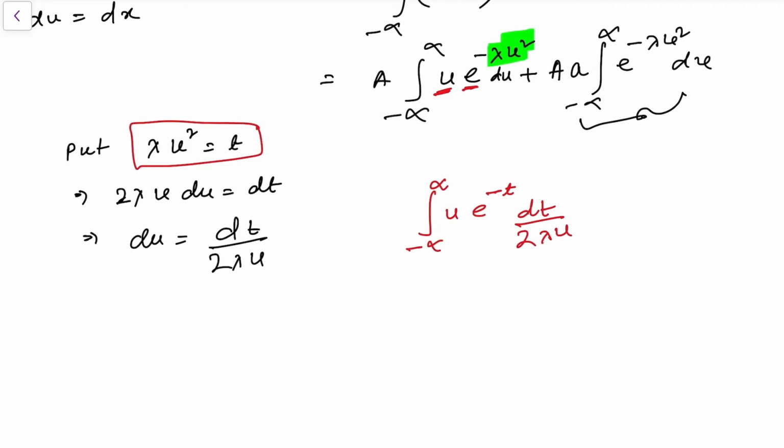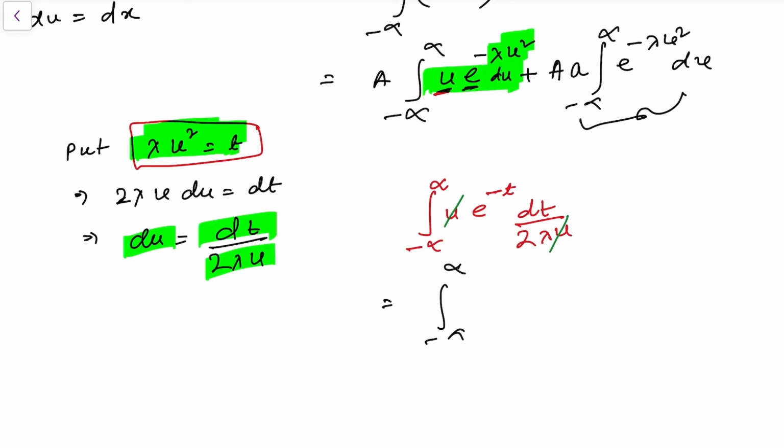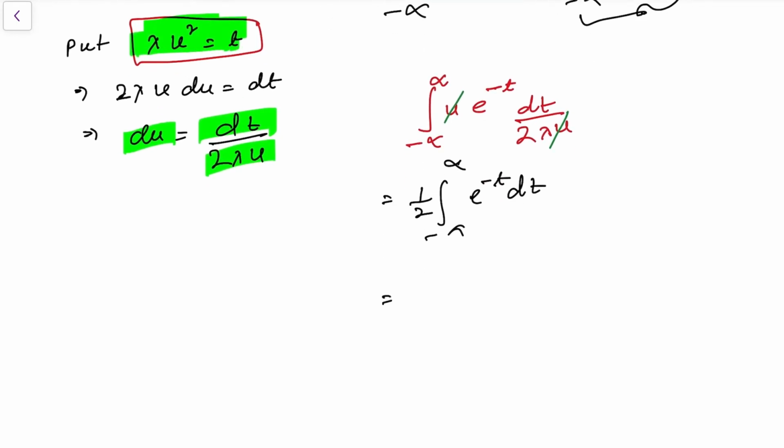If you substitute lambda u square as t, then you will get du as this, and applying the substitution, you can see this u will be cancelled out, and this becomes the integral from minus infinity to plus infinity, one by two outside, and e to the power minus t dt. And we know the integration of e to the power minus t is minus e to the power minus t.